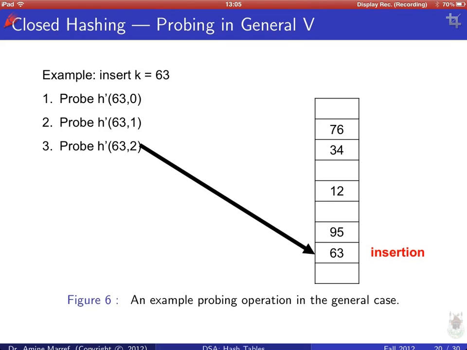But if I put it as ghost, now I'm still able to search for the keys. So now lookup is going to change. Instead of saying I'm going to look up the element until I find an empty slot or the table is full, now I'm going to say I will keep looking. If I find an occupied slot, I keep looking. If I find a ghost slot, I will keep looking as well. Okay, so this is how lookup is going to change.